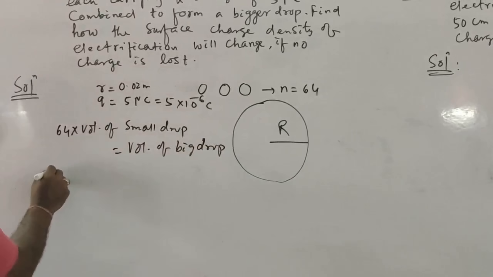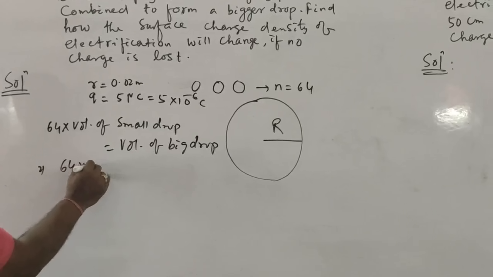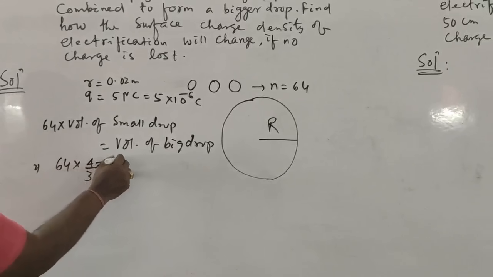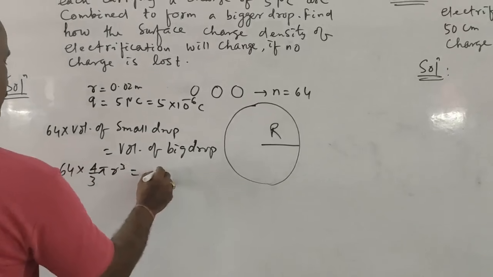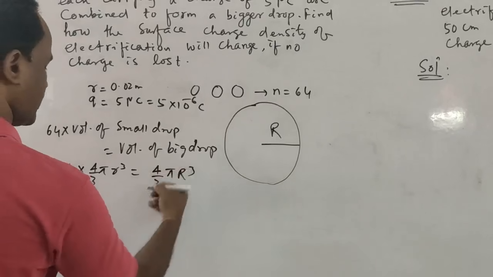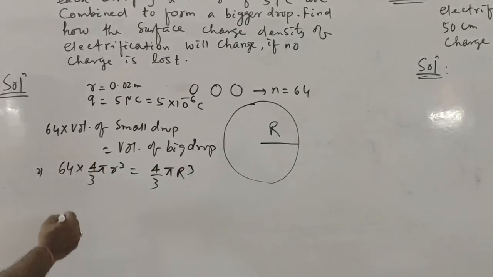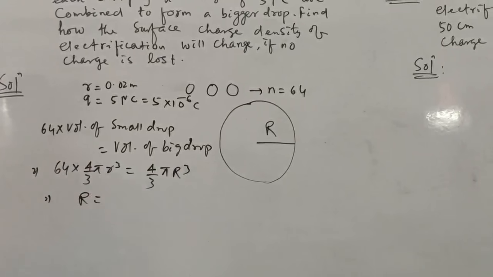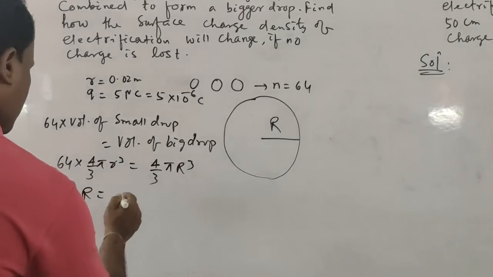For a sphere, the volume is 4 by 3 pi r cube, which equals 4 by 3 pi capital R cube. In a similar way, we find R is equal to 4r.